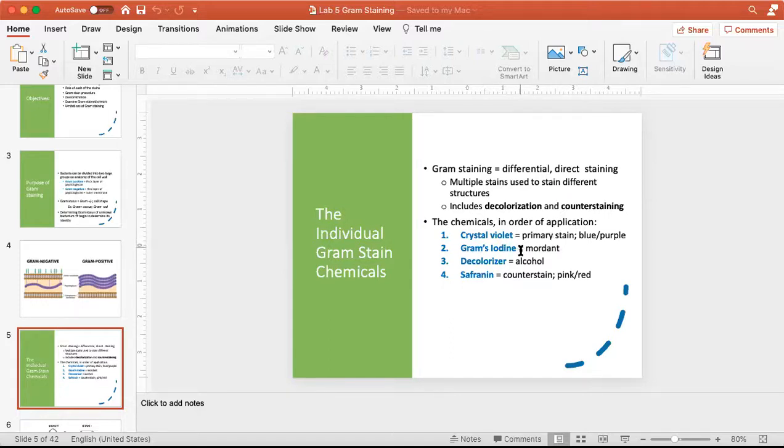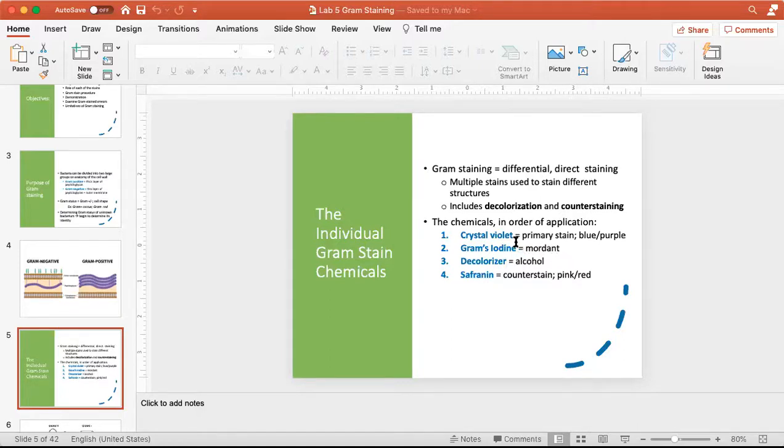Now, if you're not familiar with this term mordant, anytime you dye something, whether you're dyeing a bacterial cell, or perhaps you're dyeing your hair, or you're dyeing some cloth, you also apply something called a mordant.